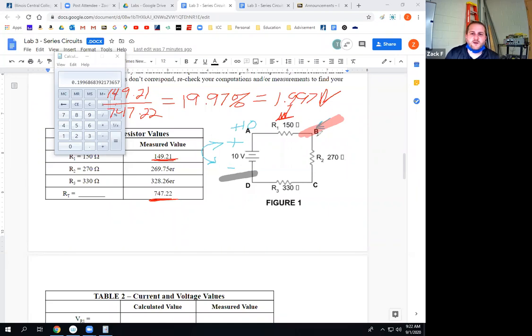If that's the case, what value could I expect at B? Any guesses?